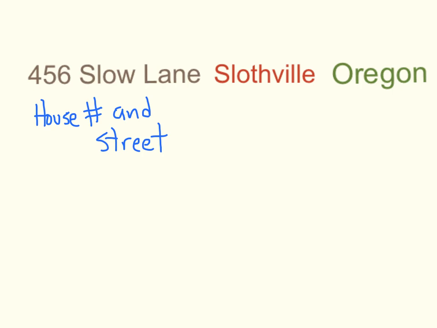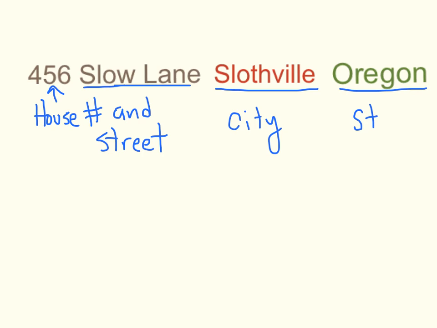So our street is Slow Lane. Our house number is 456. Then our city is Slothville. This is the city we live in. The state is Oregon. These are the three separate parts you have when you're doing an address.